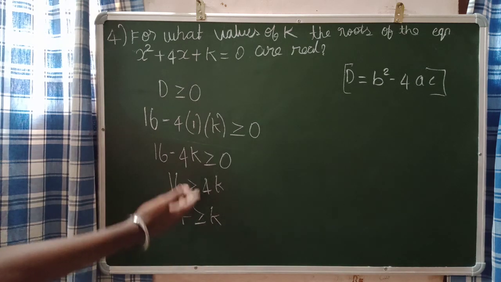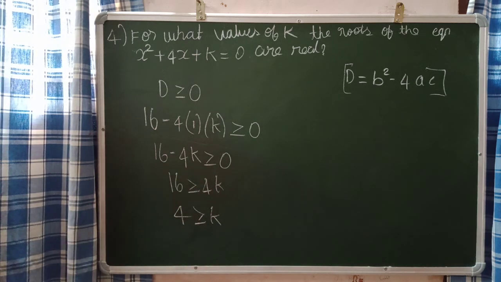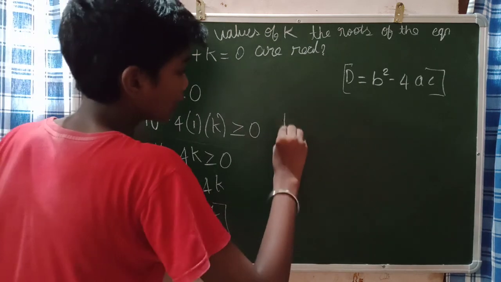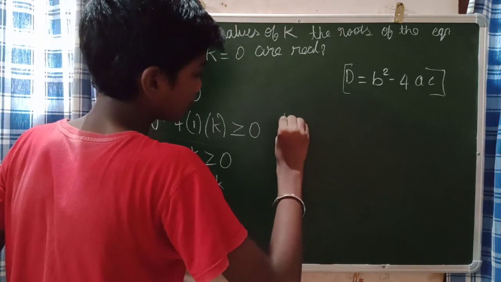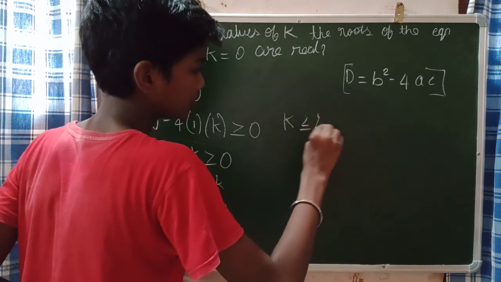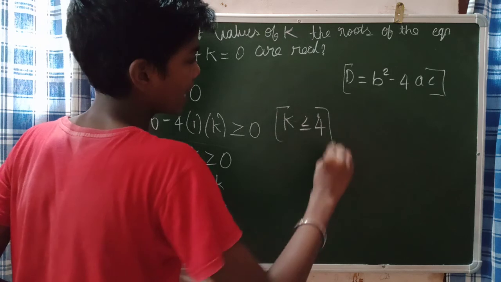When you divide by 4 on this side, you will get 16 by 4, that is 4. And 4k by 4 is equal to k. So your 4 is greater than or equal to k. That's the condition. That means your k is less than or equal to 4. That's the value of k.